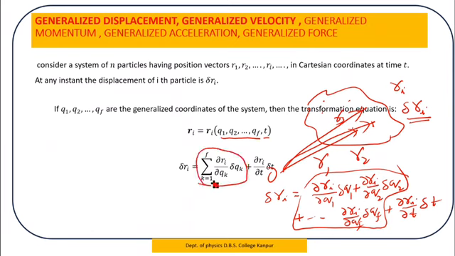If we expand the summation, it is del ri upon del q1 delta q1 plus del ri upon del q2 delta q2, where ri is the position vector of the ith particle. If time is fixed, then delta t is equal to 0.